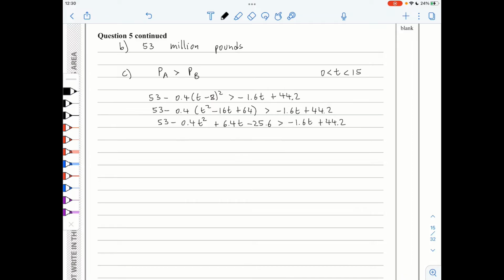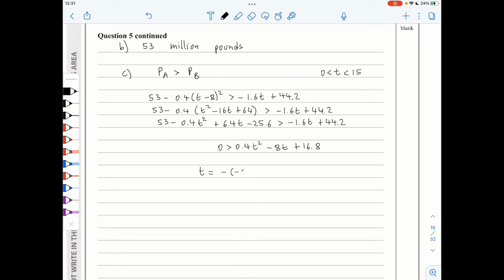I will collect everything on the right hand side because I want the leading coefficient, the coefficient of t squared, to be positive. And this will give me 0 greater than 0.4t squared minus 8t plus 16.8. Now this is a quadratic inequality. I will use the quadratic formula to extract the critical values.